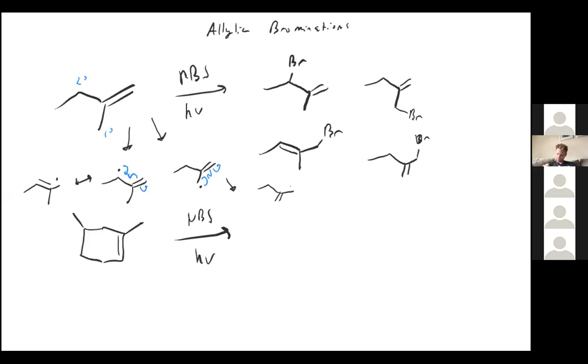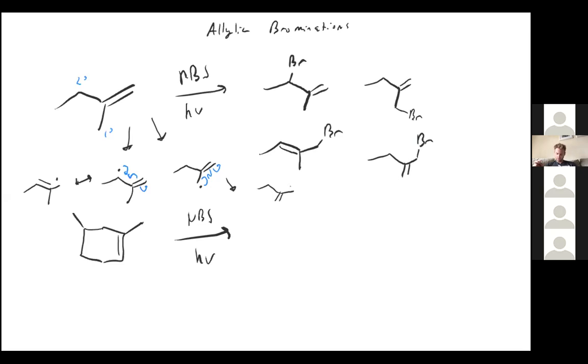Man, that Br is rough. So these would be the four products of this reaction. Technically, you could have some sort of a cis and trans here. I'm not going to make you guys deal with that for this, though.